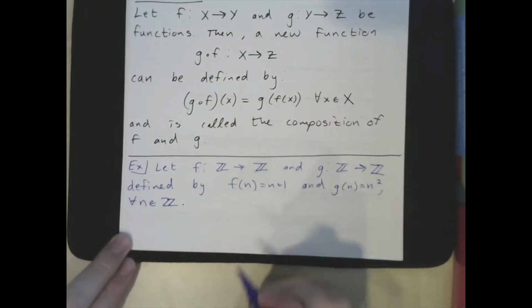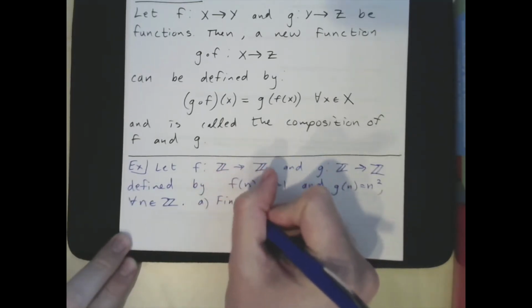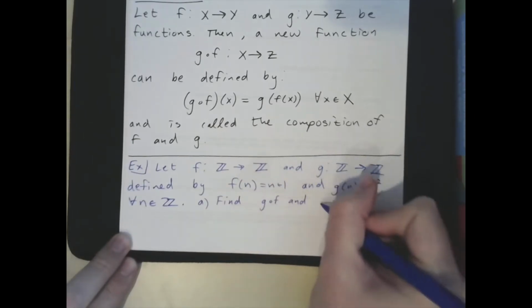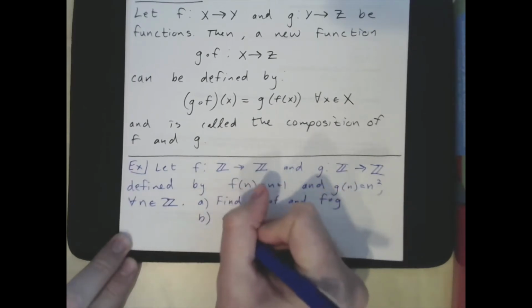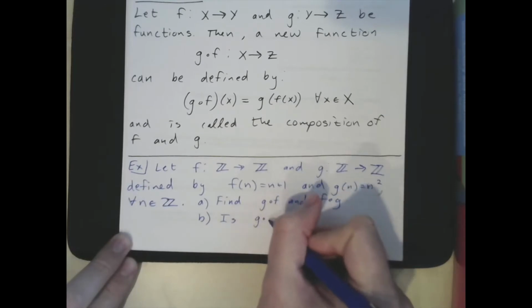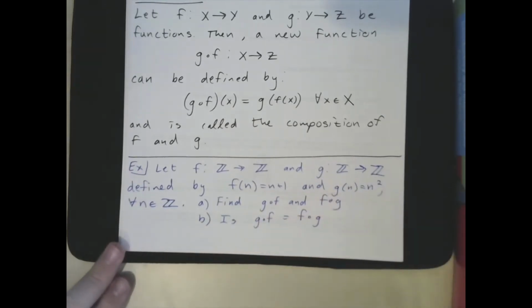So we're going to do two things. We're going to find g circle f and f circle g, and then we're going to determine, is the function g circle f equal to the function f circle g, using our new definitions of function equality from the previous lesson.